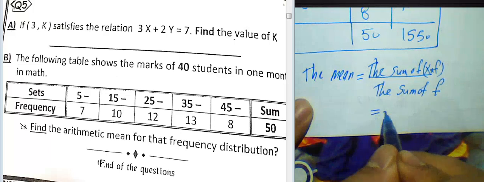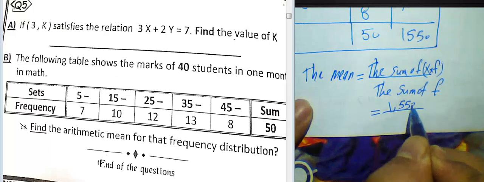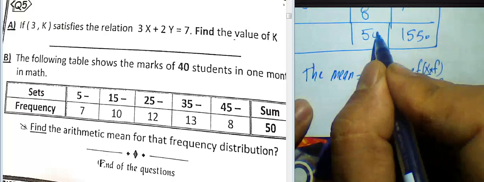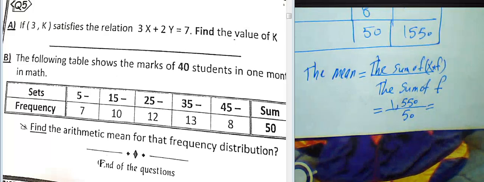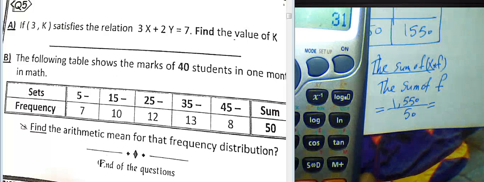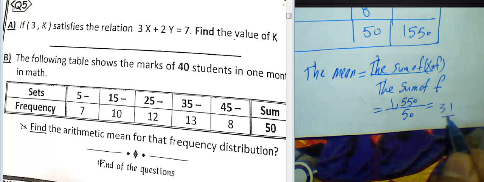The result is 1550 divided by 50, which is 31. Okay, 31, this is the result.